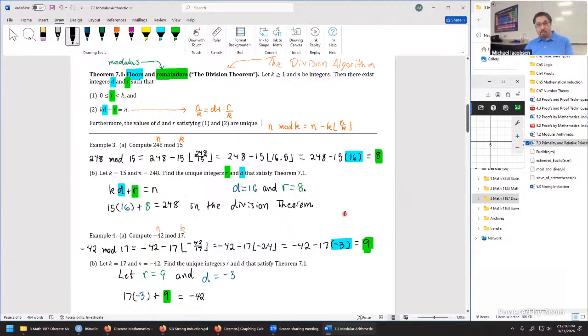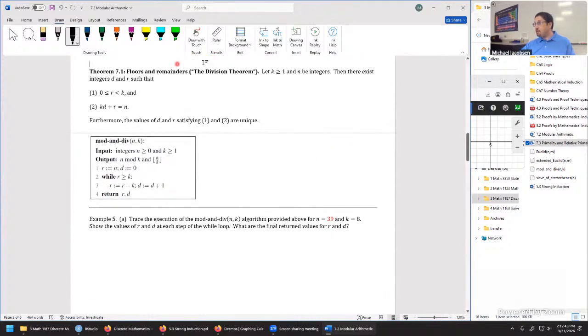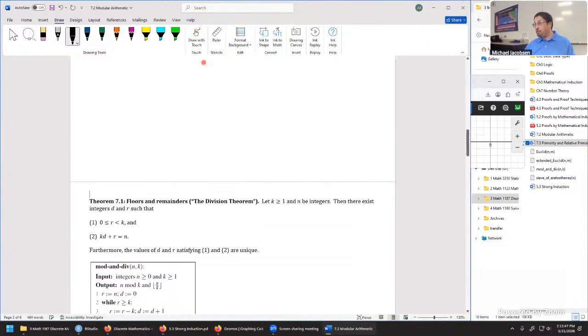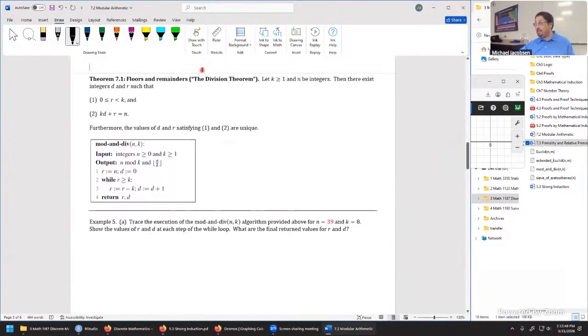Okay, again, the ultimate objective in section 7.2 is to get to the Euclidean algorithm, see what it does for us, working with greatest common divisors. But to get there, this algorithm right here, mod and div, is a core component of the Euclidean algorithm.